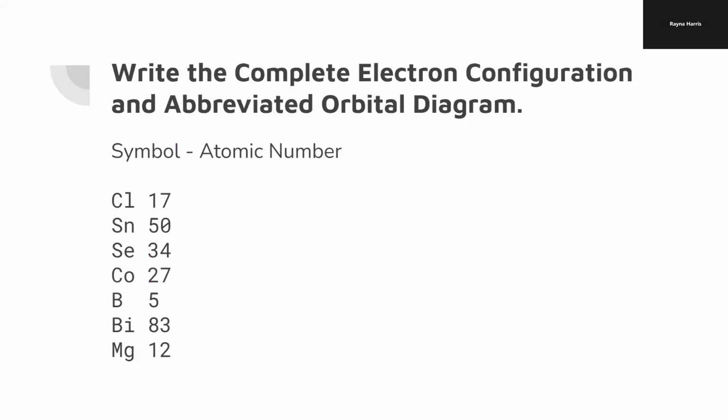The last page of the flame lab asks you to write the electron configuration and the abbreviated orbital diagram for these 7 compounds.